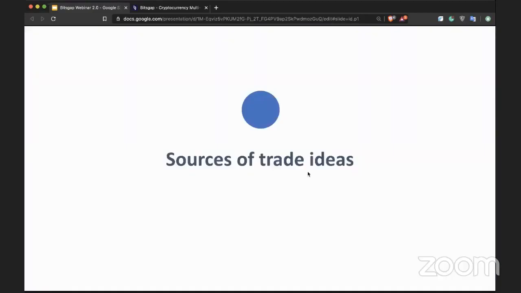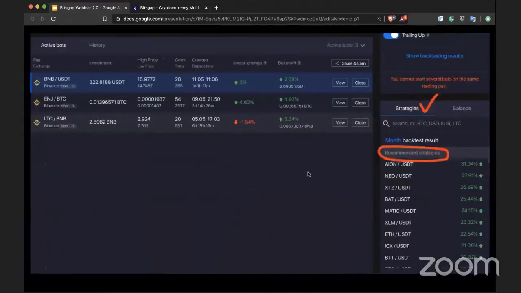So what are the sources of trade ideas? Where can we find and generate trade ideas? At Bitsgap, as I already emphasized for you, we have recommended strategies. And these recommended strategies are based on the volatility and the risk-return ratio.